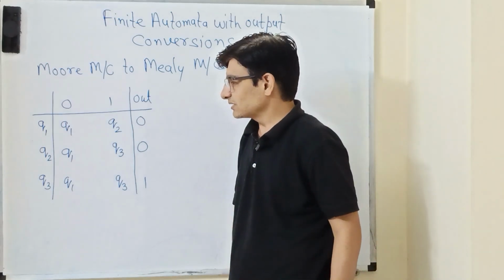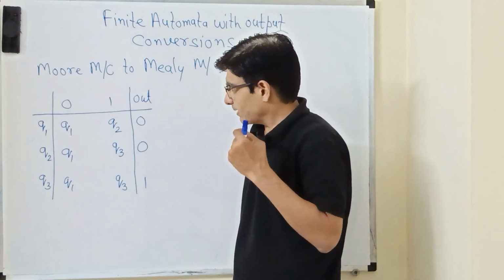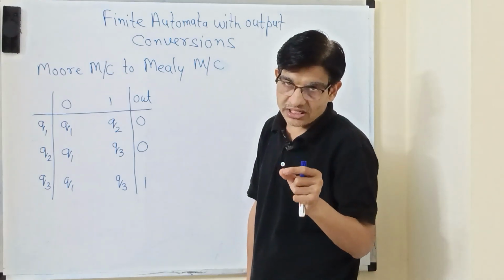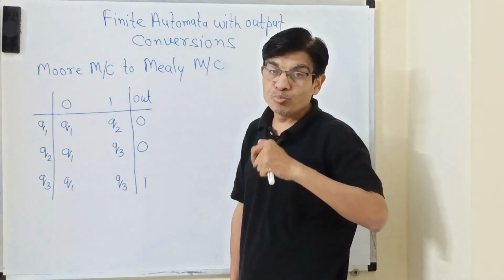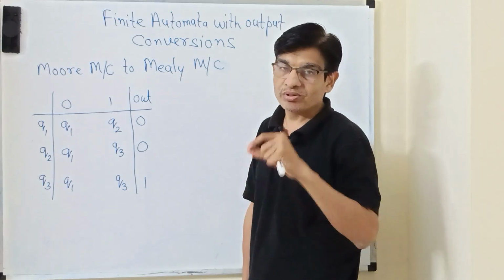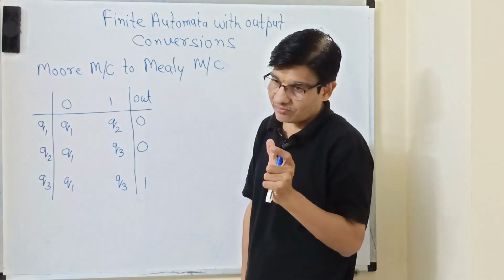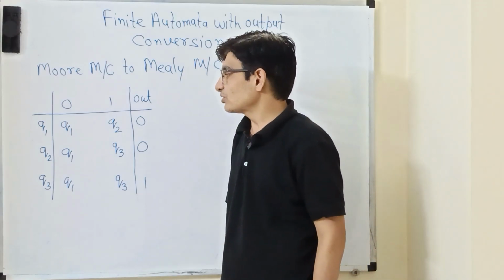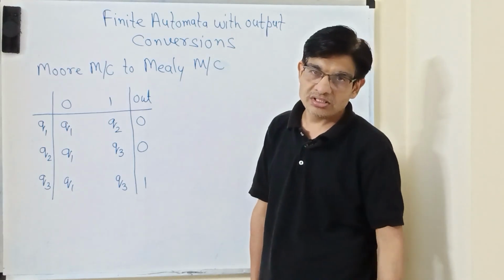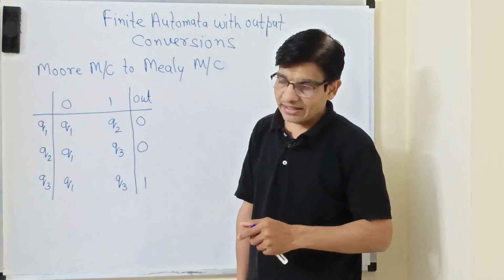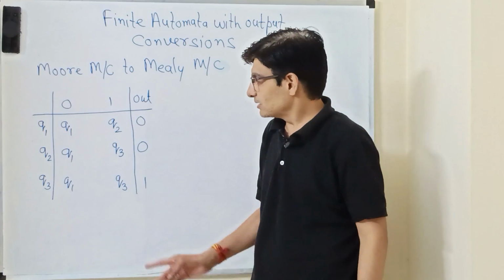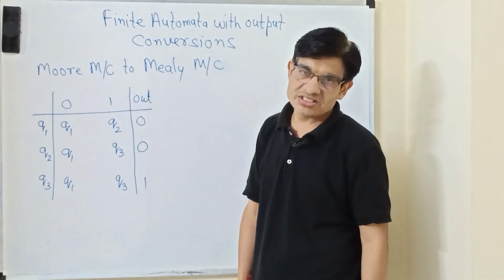One more important thing I must tell you before starting the discussion of this table. See, friends, in any Moore machine or Mealy machine, the input symbols and output symbols may be the same, but there would be separate sets for these. Like in the set of all input symbols, the members would be 0 and 1, and for the set of all output symbols, the members may be 0 and 1.